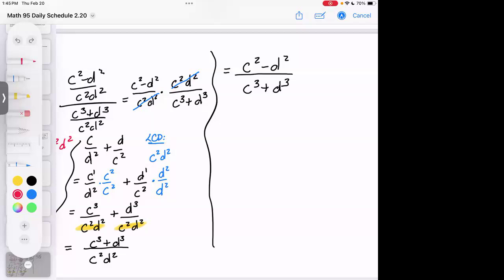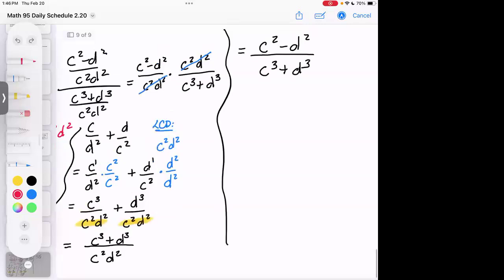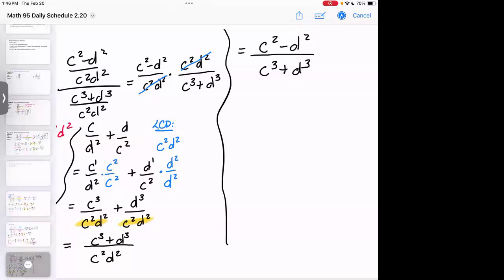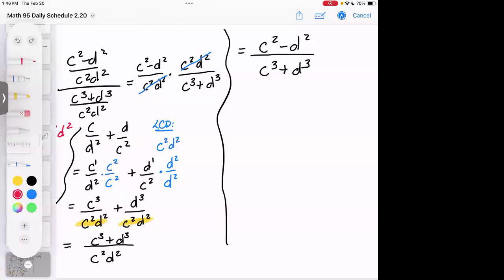Oh, okay, hold on. Yes, we were. The c cubed. Okay, we flipped it. So before we flipped it, it was... I don't see where we did that. Does that plus sign being there matter?